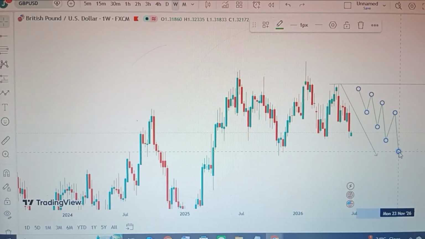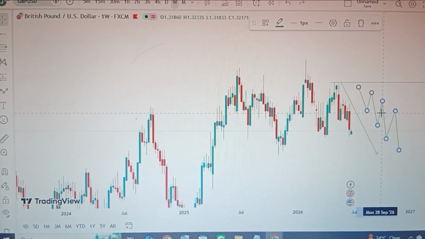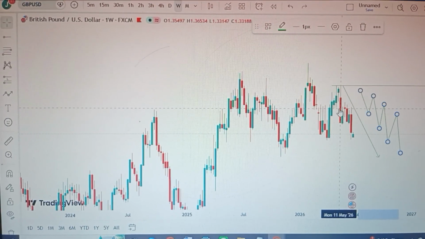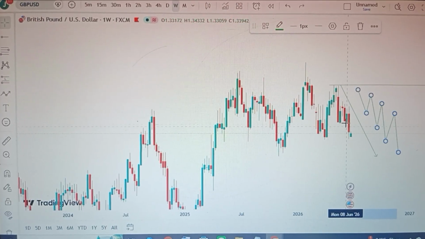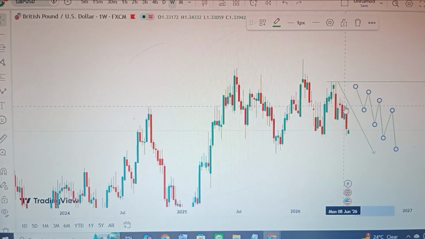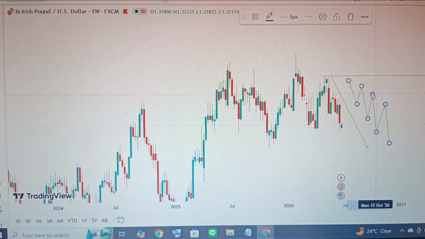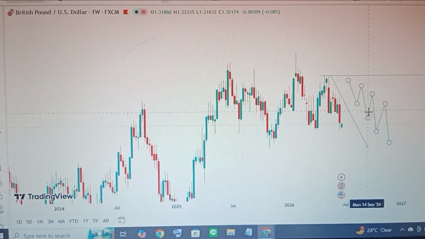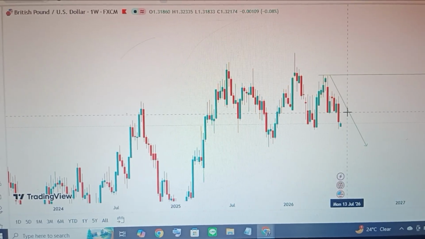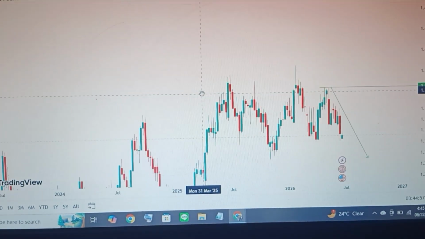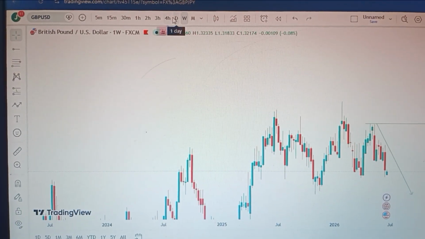This is a more tradable market structure. We have confirmed that this market is pushing to the downside, so we are going to look for a more structural pattern to trade. In that sense, we have to scale down to the lower time frame. So let's go to the daily time frame.